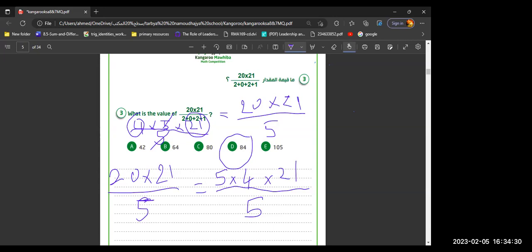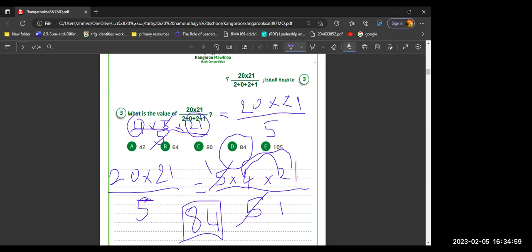Sometimes it's confusing, but when you divide by a factor, or multiply by a factor, it's better. Right, excellent. So we keep 1 here, 1 down. So 1 times 4 times 21. 4 times 1 is 4. 4 times 2 is 8. So the answer is 84.